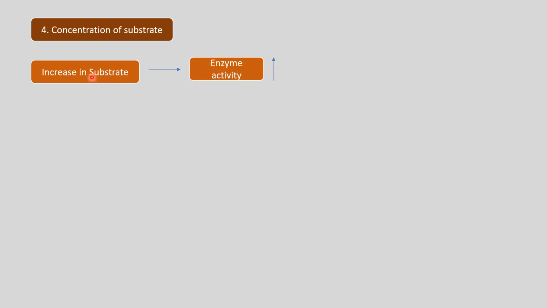As the substrate concentration increases, the enzyme activity will increase, but this will happen only up to a point when all the active sites are saturated. Imagine that substrate concentration is increasing, though enzymes are limited. All the substrates will occupy the active sites of the enzyme. So the enzyme can become saturated with the substrates.